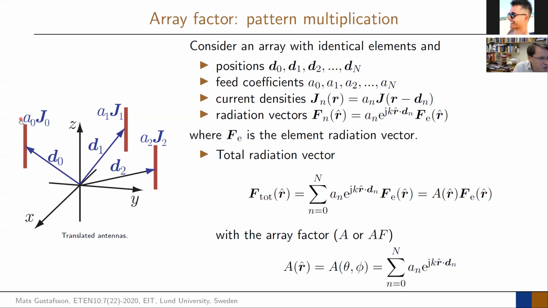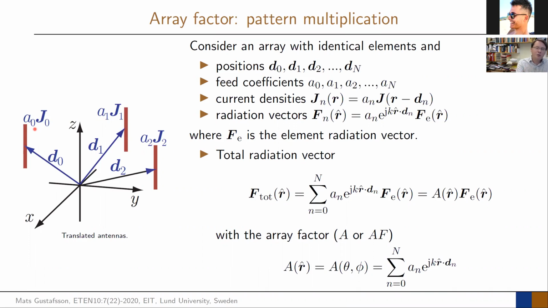Now in each of these, I assume that there's a current density, and that is A0, J0. Then here I have A1, J1, A2, J2. What I assume in these cases is that these currents have the same shape, but the coefficients can change. The coefficient really means what kind of signal you are sending to this antenna element.